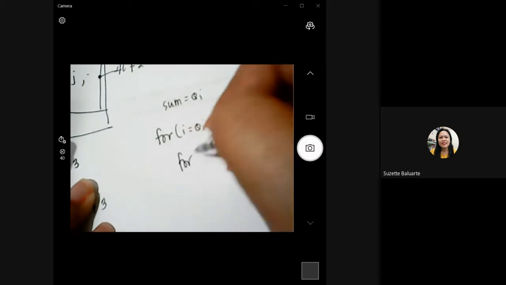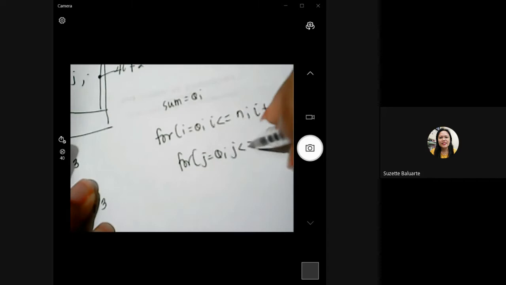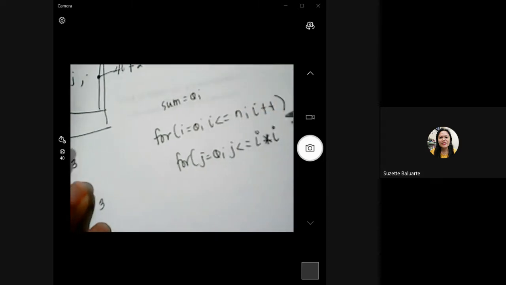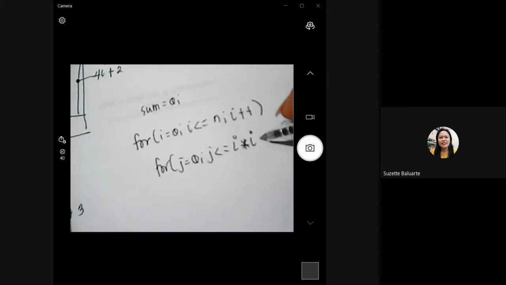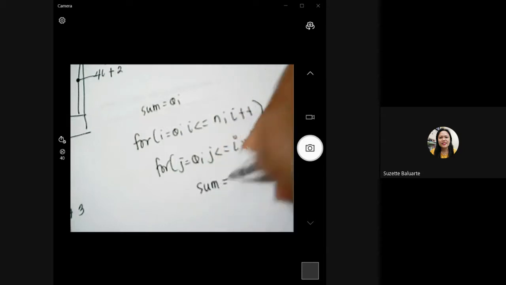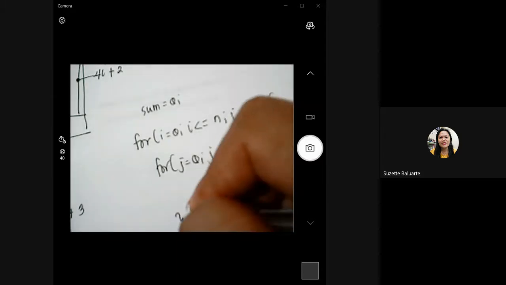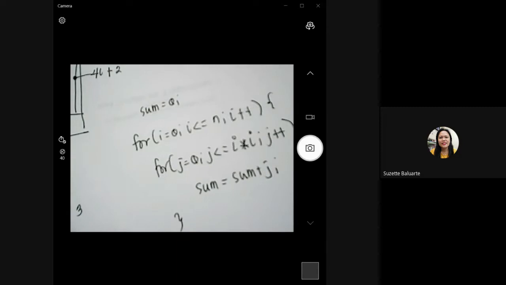And then for j is equals to 0, j is less than or equals to i times i, j plus plus. And then you have there sum is equals to sum plus j. So again, like that. Klaro ra?